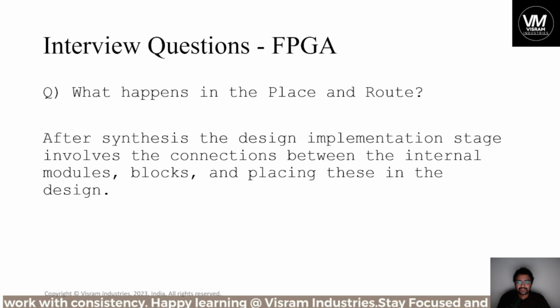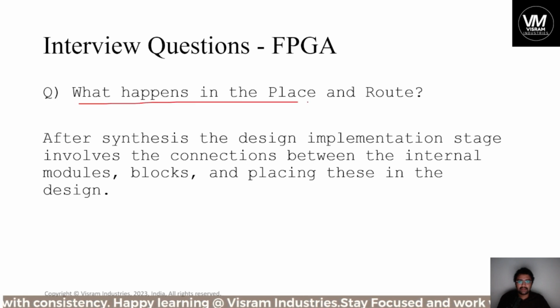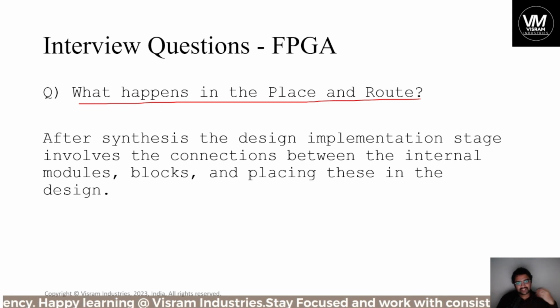And coming to the next question, what happens in place and route? After synthesizing the design, after translating the design into specific logic, lookup tables, block RAMs, DSP blocks, or any other hardware implementation, these blocks should consume certain places on the entire FPGA chip, whether at the top of the design, center, bottom, or the right and left corners.